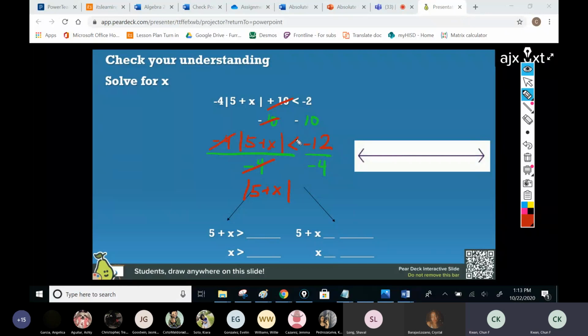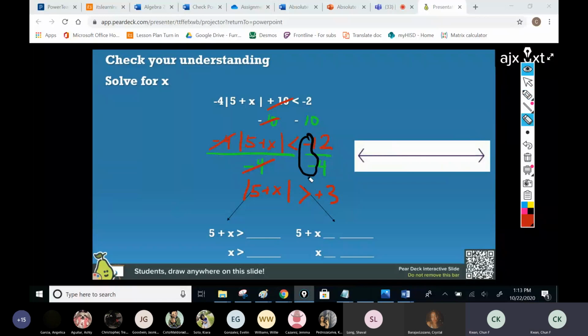And then when you are dividing by a negative number, flip the sign. And then -12 divided by -4, you will solve the number first, all right? 12 divided by 4 is 3. And then the negative and the negative will get you a positive, all right?